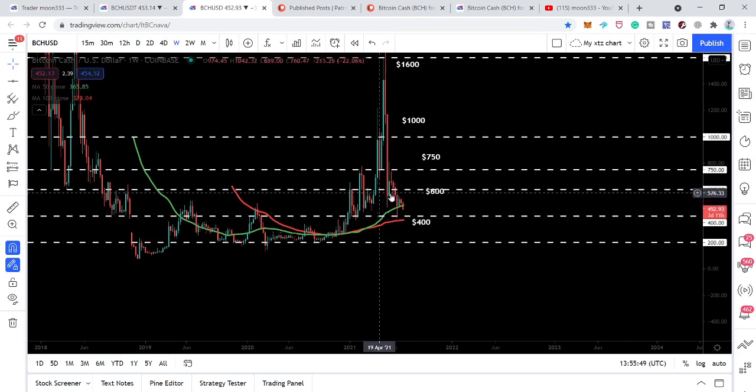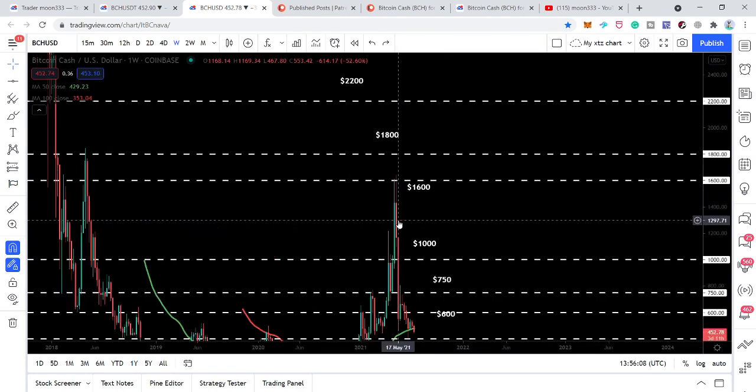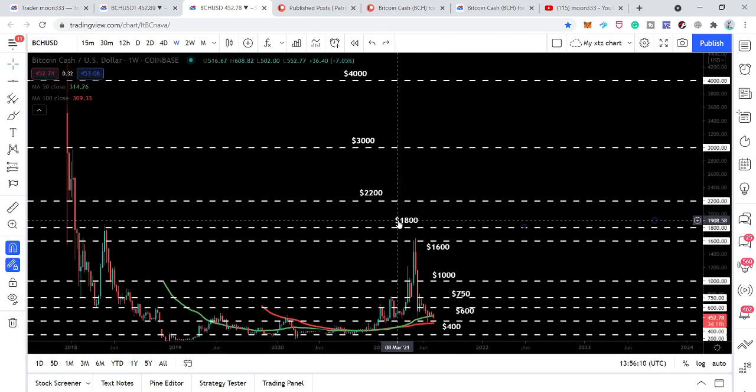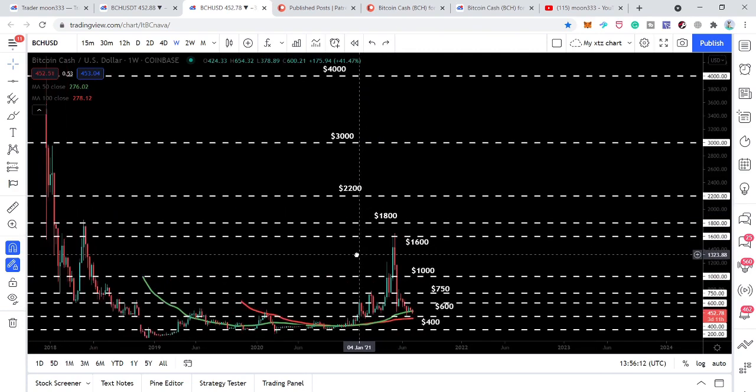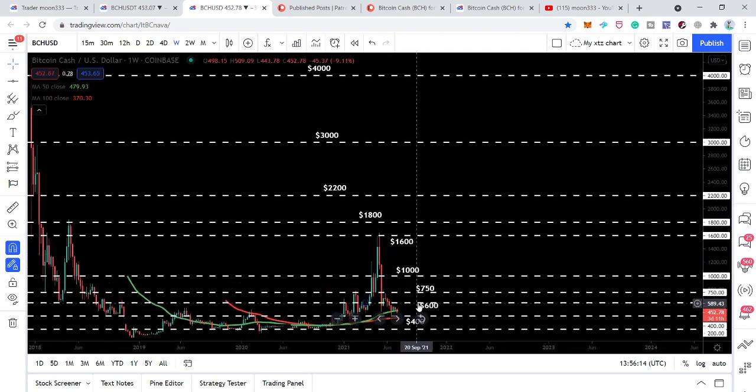So far the 50 simple moving average is still not broken down, even though we had a very long spike down to the 100 simple moving average on the weekly time frame chart. The 50 simple moving average support is still there, and then we have the 100 simple moving average almost at the same level as the $400 price level support, and then the $600 price level support.